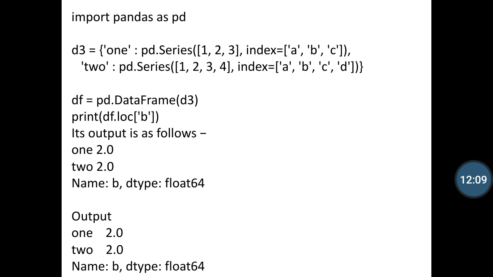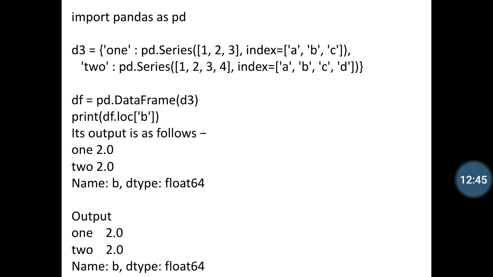The data structure is a dictionary and the key value is 1 and its corresponding pandas series is 1, 2, 3 and index is a b c, and then the second series is defined with 2 as the column key, and the series values are 1, 2, 3 and index is a b c d. Then create the df data frame variable equal to pd.DataFrame, put the d3 dictionary variable in this data frame, and print df.loc['b'].